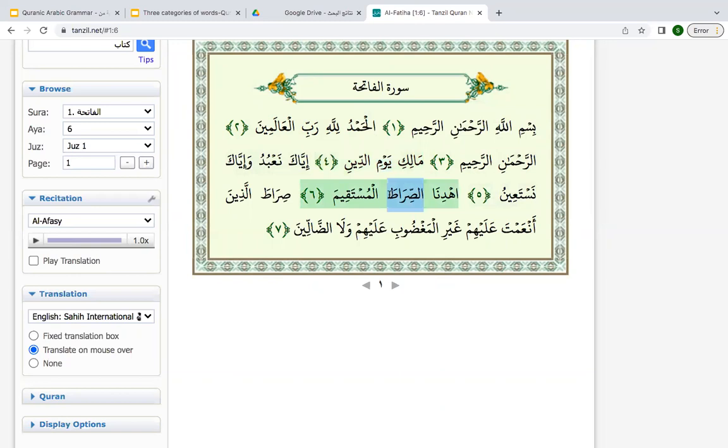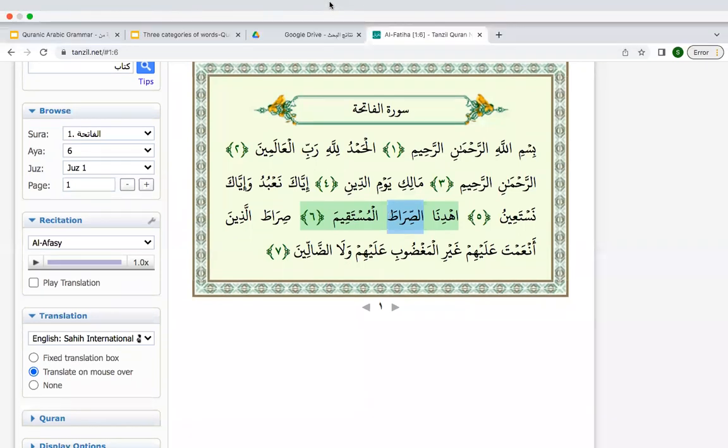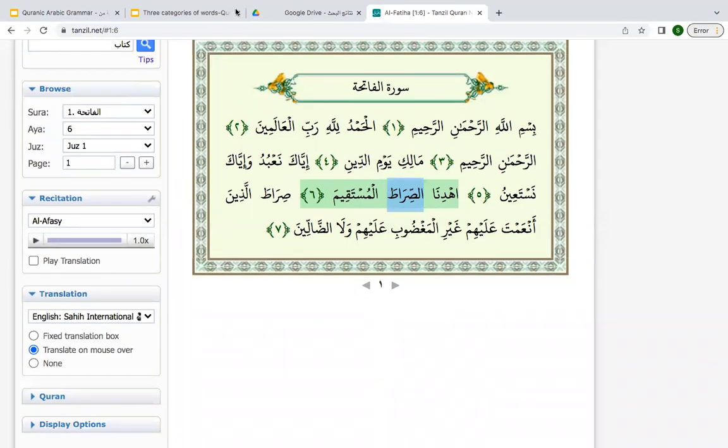As-Sirat. Why are we calling it feminine? Was As-Sirat there, Maria? No, I asked you girls, and boys as well, to be very careful about this slide. Just make sure the words that you have seen in the slide are the ones you answer.